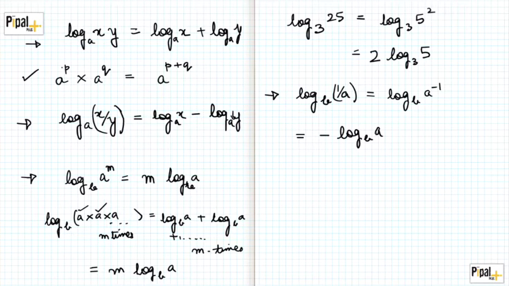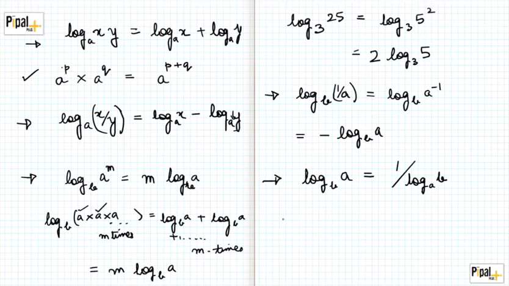Next, the next property looks like this. The log base b of a is equal to 1 upon log base a of b. So when I interchange the base and the number whose log I'm taking, these two are reciprocals of each other.